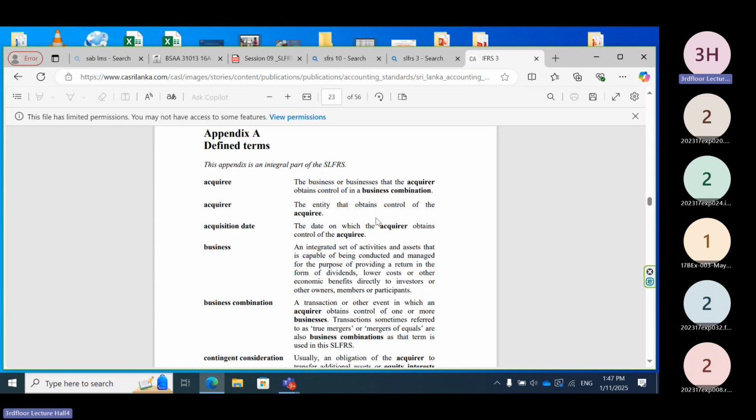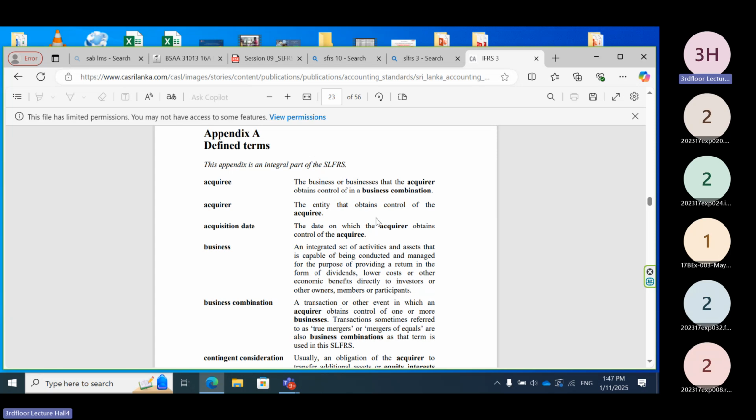Here we have acquisition dates. For these, you need to justify at which point you start your consolidation. Here, here, here. So you need to evaluate that scenario.